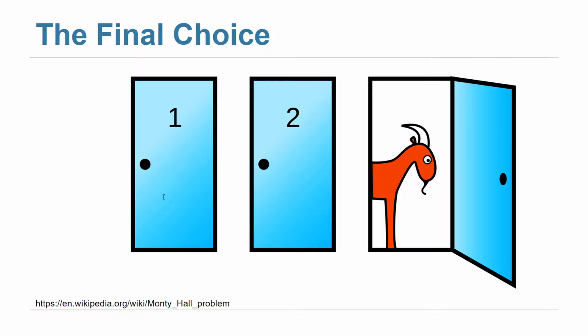Make the array for the third element. So we have 3 outcomes, right? We have car, first goat, and second goat. And then the contestant or the winner will choose one of them randomly, right? So the winner will choose one of these 3.